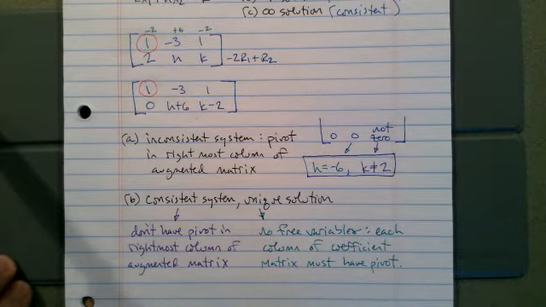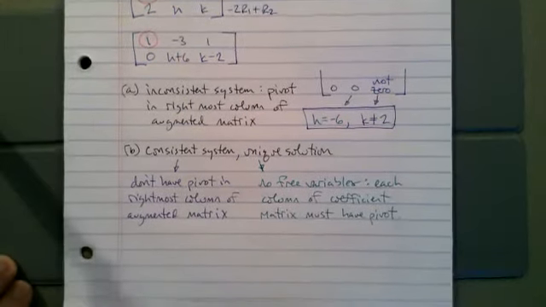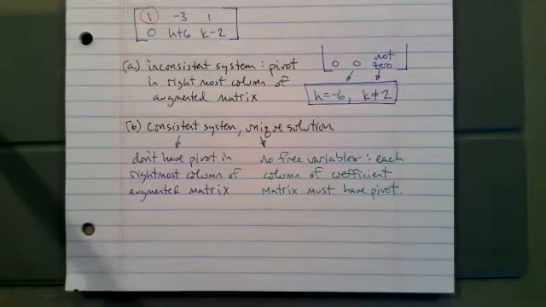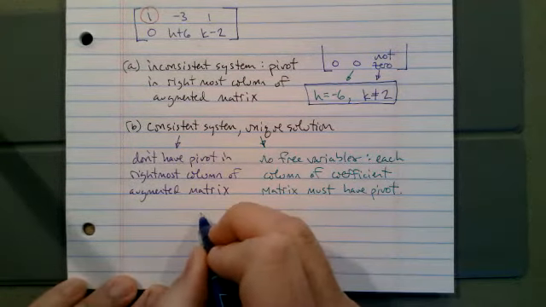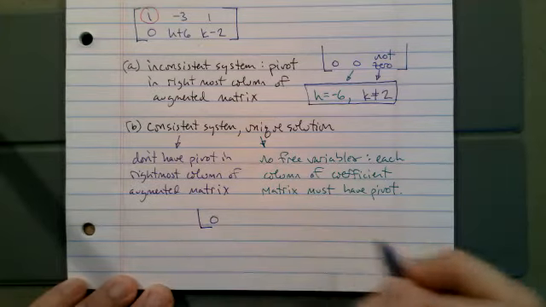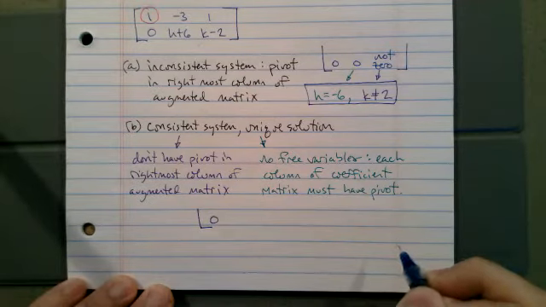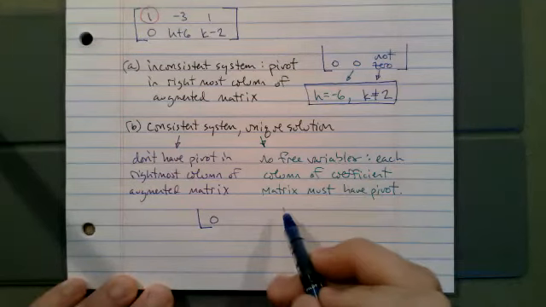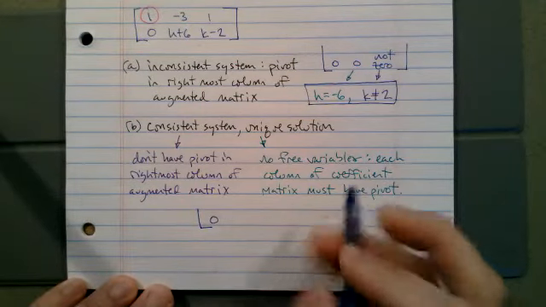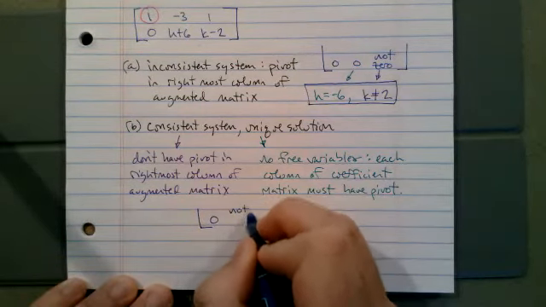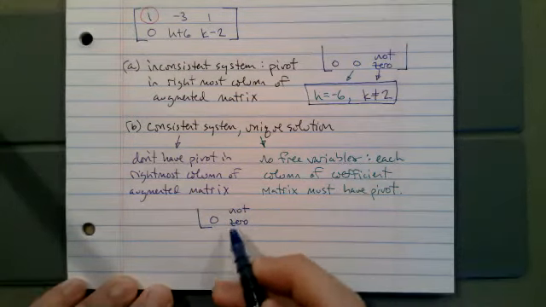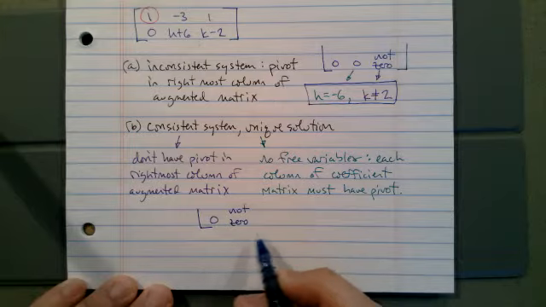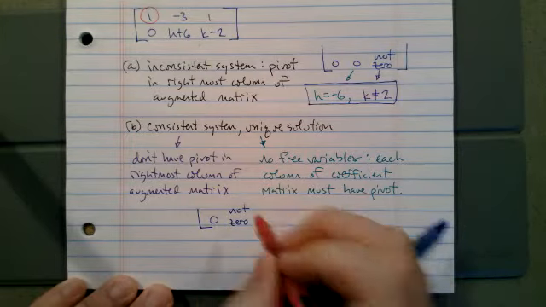So the second row of the augmented matrix will have to look like this. We want to make sure that each column of the coefficient matrix has a pivot, so we have to make sure it's not 0 here. Once we have not 0 in the second column of the second row, then that's going to be a pivot.